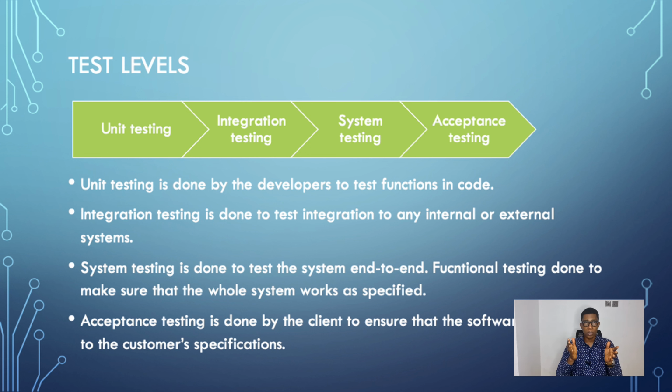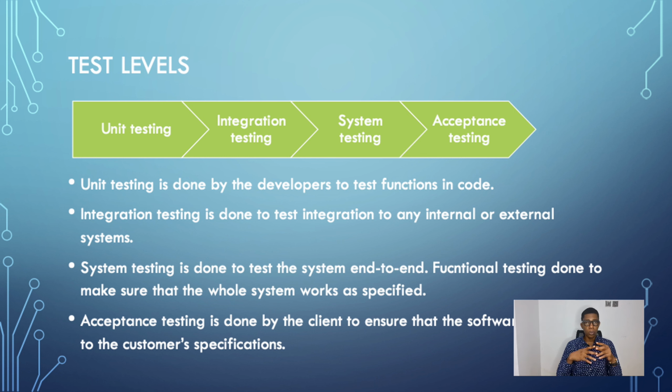It needs to be tested to ensure that it's properly connected, it's sending and receiving data back and forth, it's communicating properly and securely, and it's sending and receiving data in the right format. So integration testing basically aims to ensure that the integration between two systems is properly done and it's working properly.